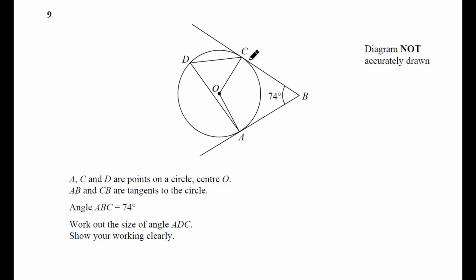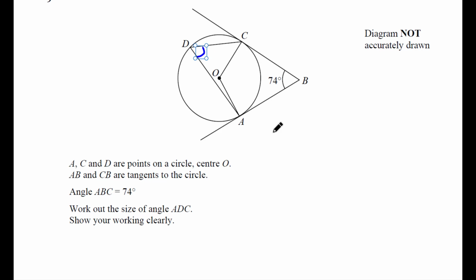Question 9. Work out the size of the angle ADC, so it's this angle here. Show your working clearly. So I guess you will need to know a bit of circle theorems. If you have a tangent to a circle, those must be right angles because the radius is perpendicular.